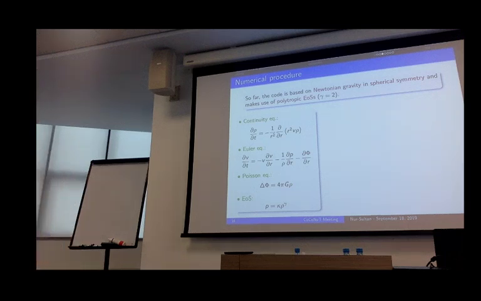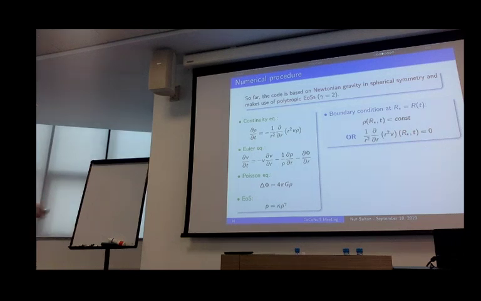The equations that are solved are the following: the standard continuity equation, the Euler equation, and the Poisson equation for the gravitational field. These equations are closed by the polytropic equation of state. Indeed, some boundary condition at the stellar surface should be specified.